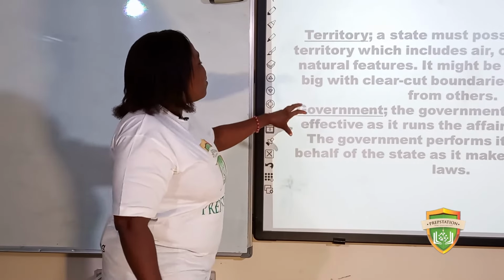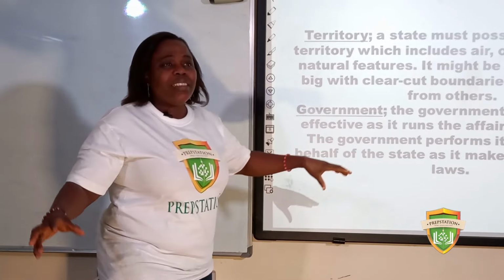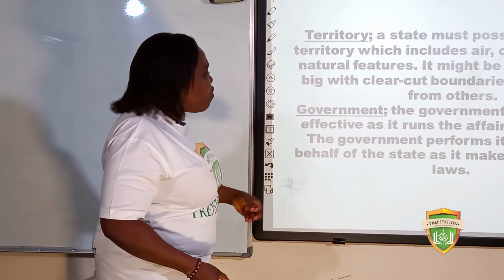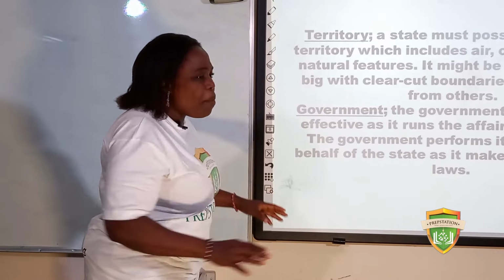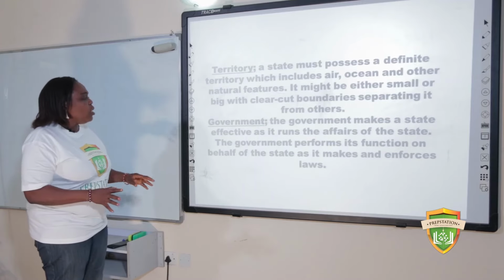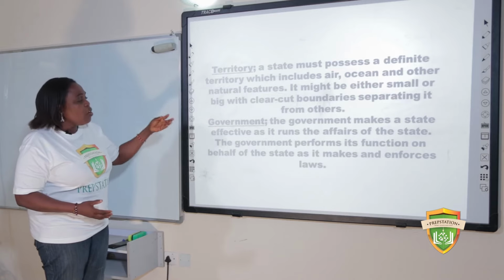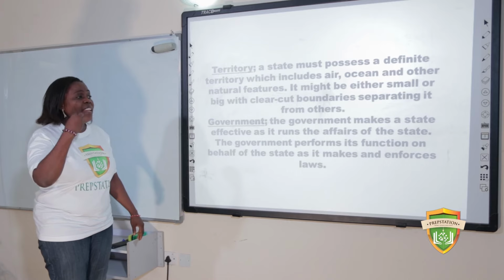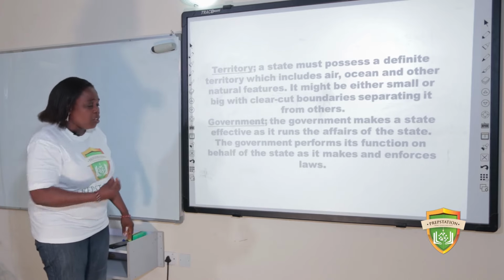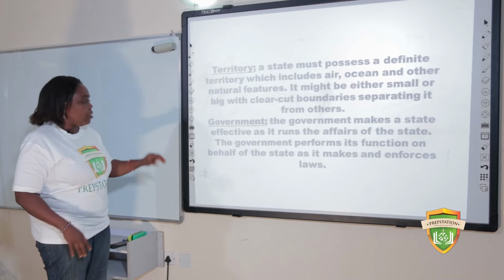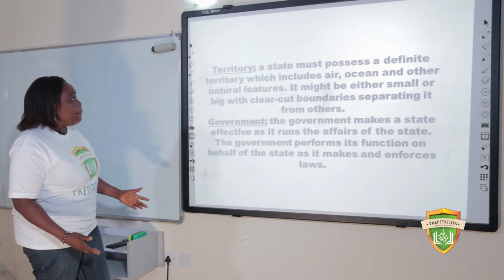So it must have a government to take charge of the affairs of that state, and the government should be able to perform its functions without any hindrance. The government is acting on behalf of the citizens. It's making laws, decisions and policies on behalf of the citizens. Please take note of this.